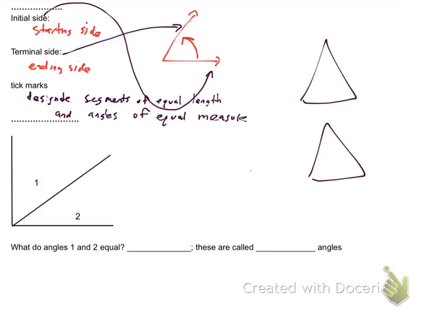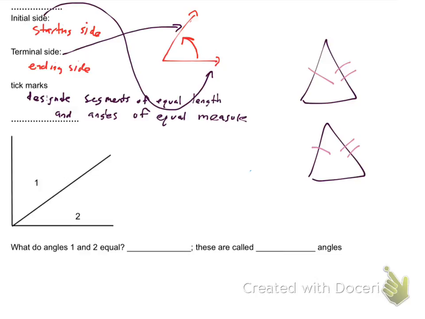Well, if I drew two triangles, I then can say those two sides are the same. We put a single tick mark on them. The right-hand side on top, they are the same, so put two tick marks to represent they're different than the other side.